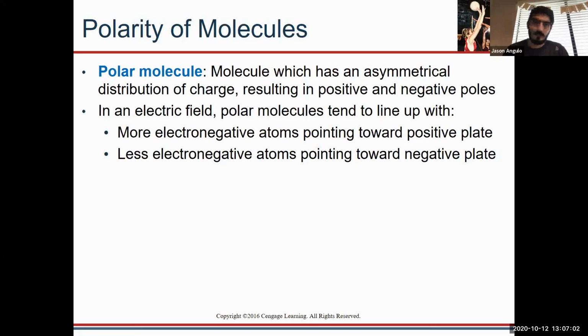So when we talk about molecular polarity, we're looking at the overall distribution of charges between the whole molecule. I made an example, I think I showed you guys, of CH.